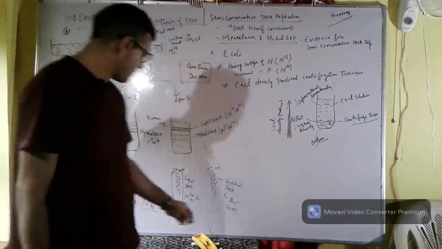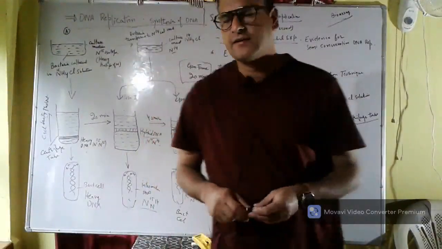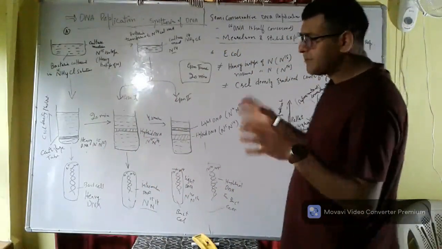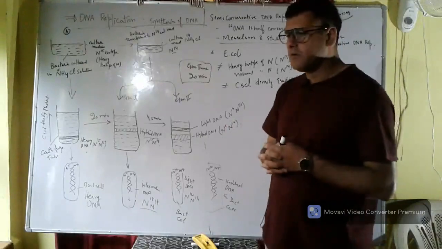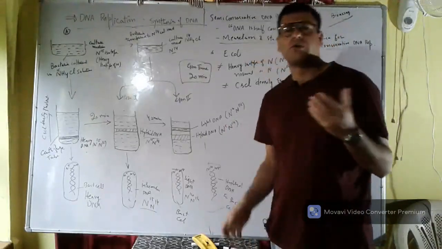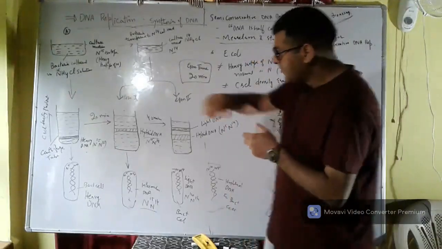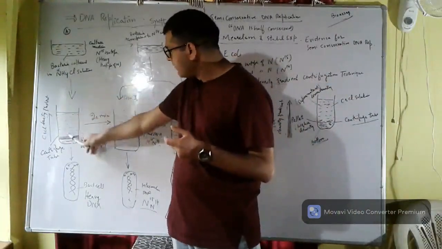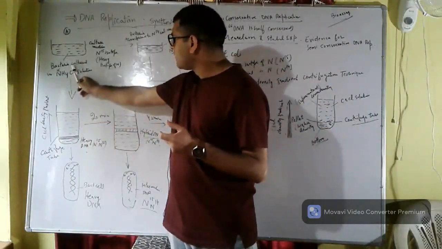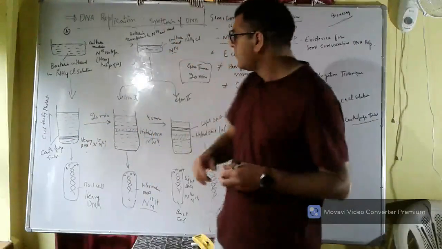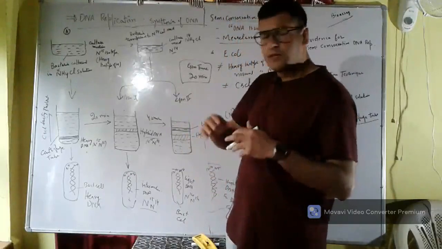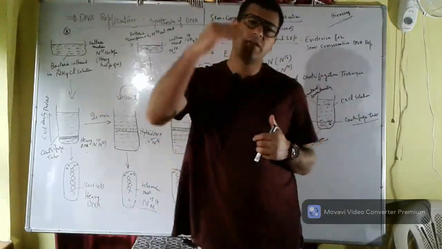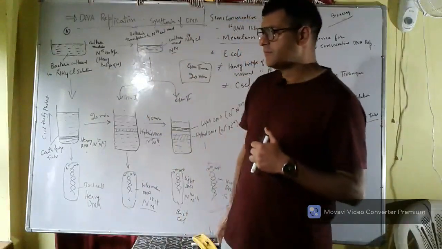So this experiment has clearly shown that DNA replication is semi-conservative. There is a semi-conservative mode of DNA replication because when you have taken this heavy DNA in a culture medium, then you have transferred the bacteria to another culture medium which is having the normal isotope of nitrogen.